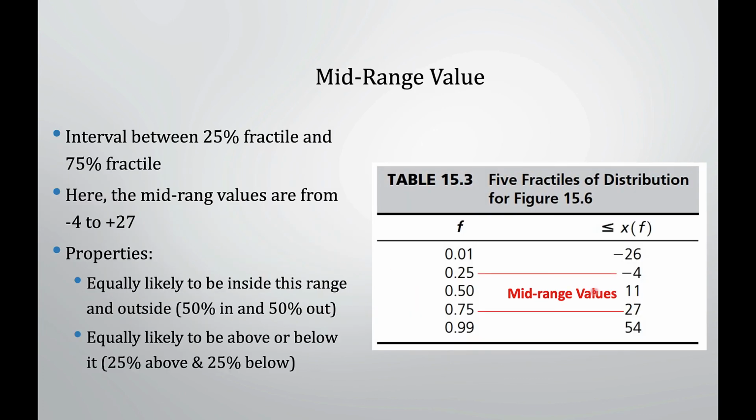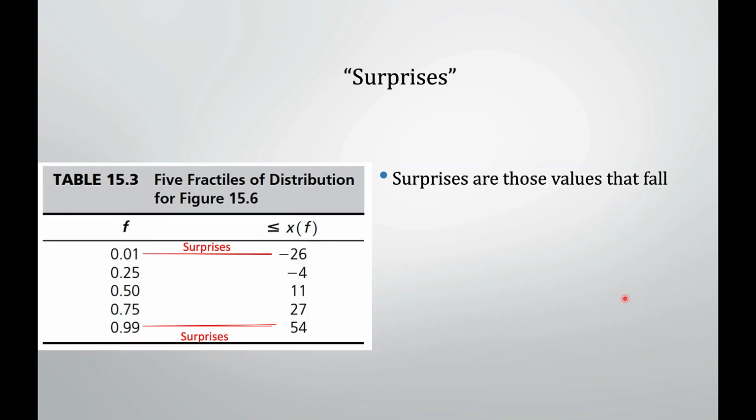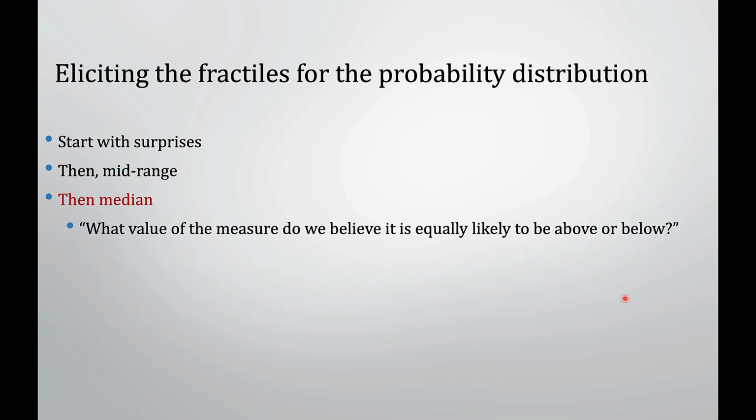We want the mid-range values to be wide enough so that there is a 50% chance that the measure can fall between them. If you are too confident with your guess, you may say the mid-range is between 0 and 20, which does not capture the full 50% chance. That is called overconfidence.